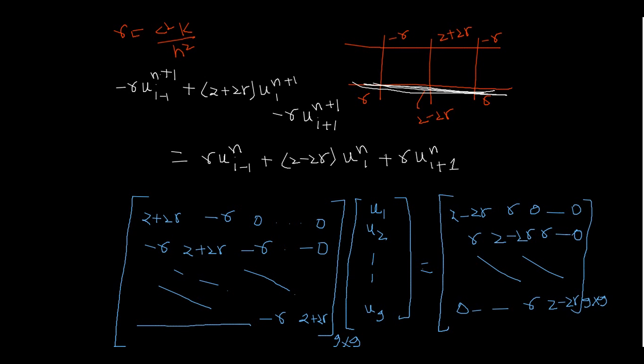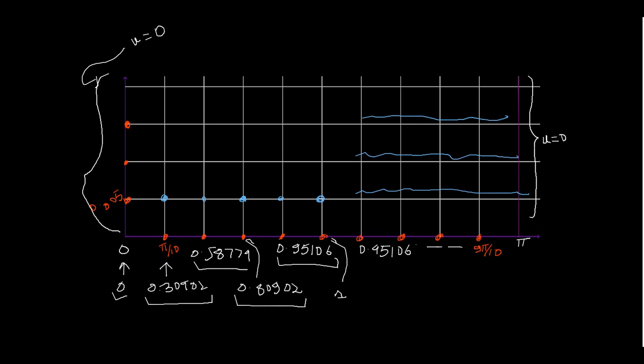But we can reduce this matrix to 5 by 5. Why? Because from the last diagram, this is u1, u2, u3, u4, u5. Now this is nothing but u4, this is u3, this is u2, and this is u1.